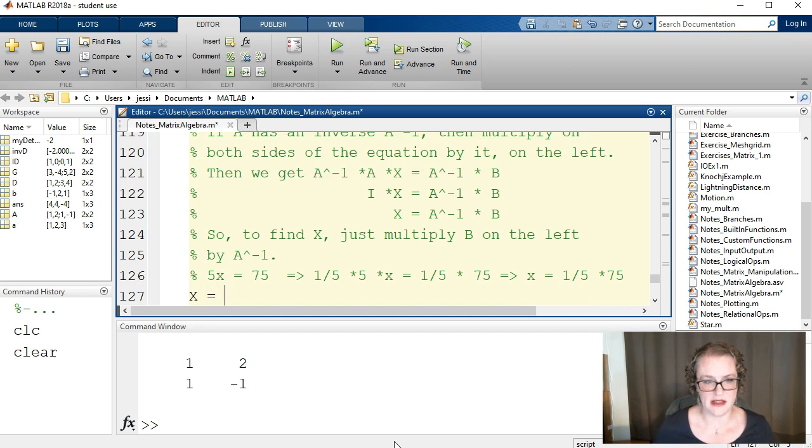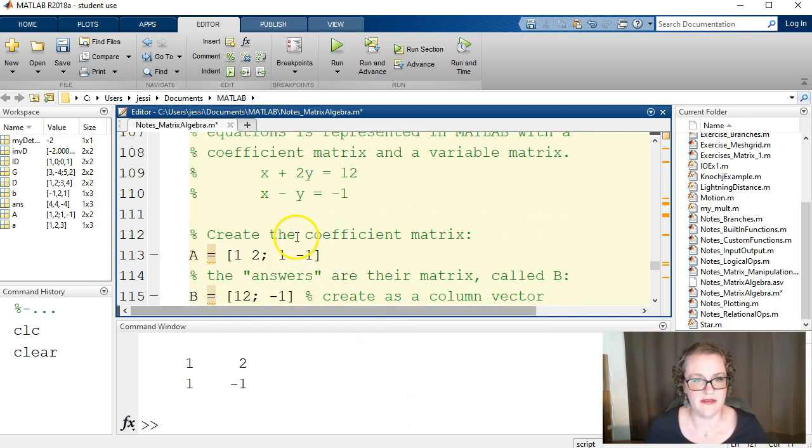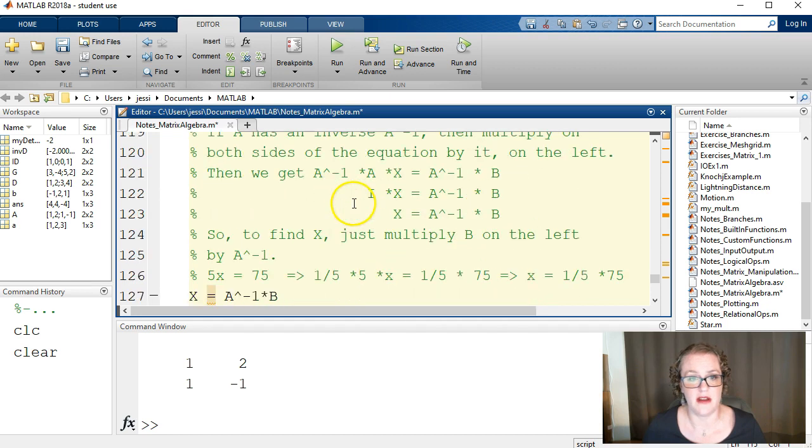X, capital X, equals A inverse, which I don't know if it exists, but I hope it does, times B. Because I defined A to be the coefficient matrix, and B is the right-hand side of the equation, 12 and negative 1. A to the negative 1, if it exists, then it will have an inverse times B. And go ahead and show me what this is.